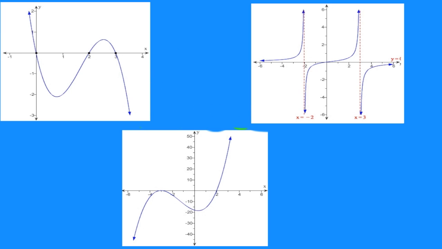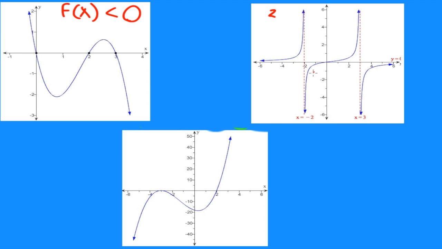Second graph. Over here. So what happens when f of x is smaller than 0? When f of x is smaller than 0, well, our intervals are from what? Negative 2 to 0, right?